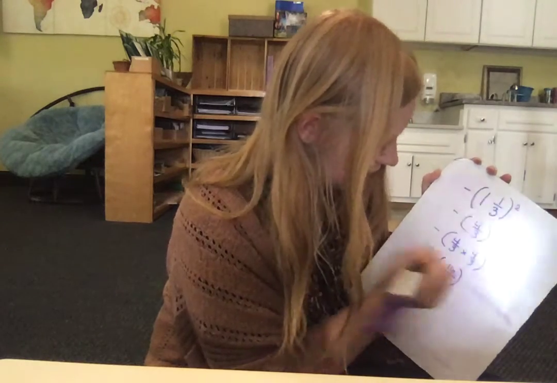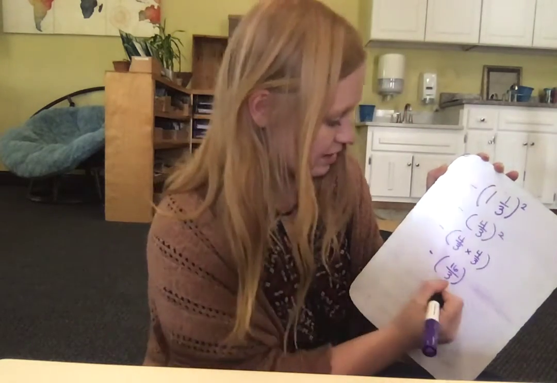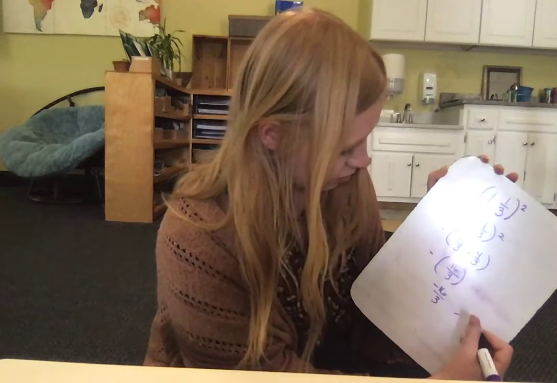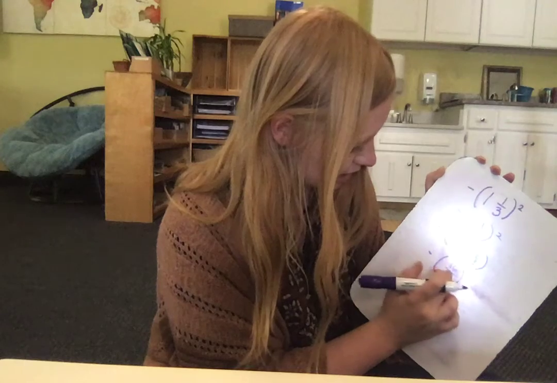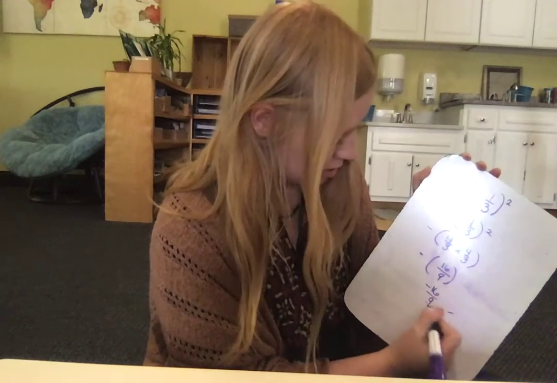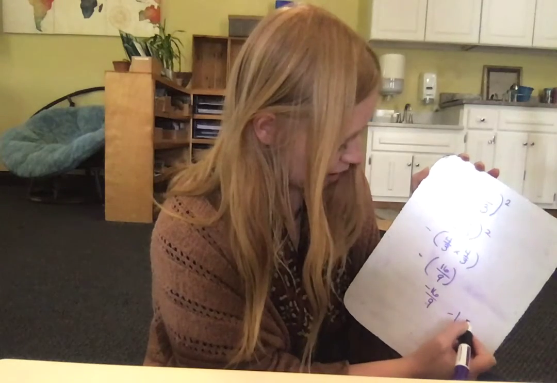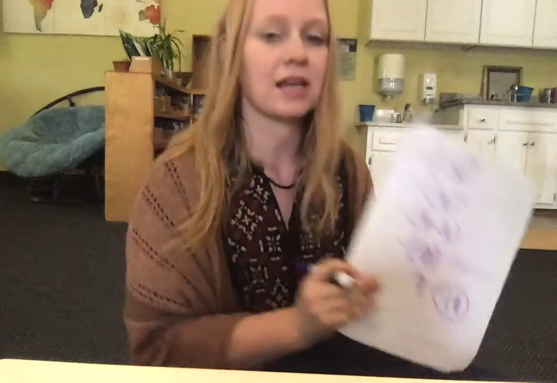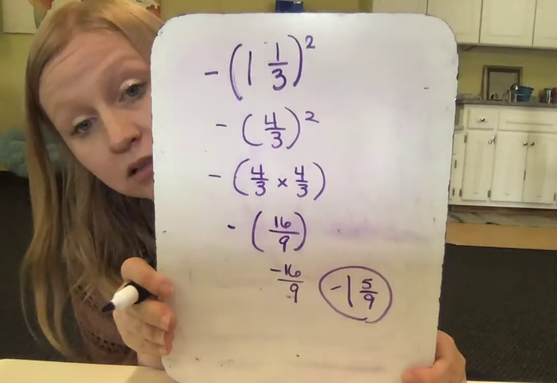This is times a negative, so it's going to give us negative 16 ninths, which is going to give us negative 1 and 5/9. This time it's negative because that negative sign is on the outside.